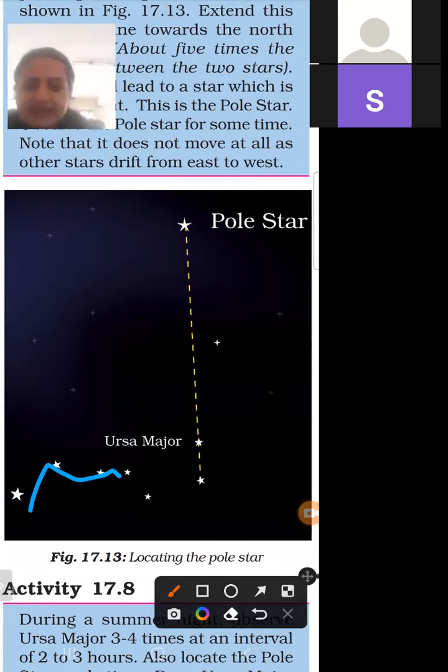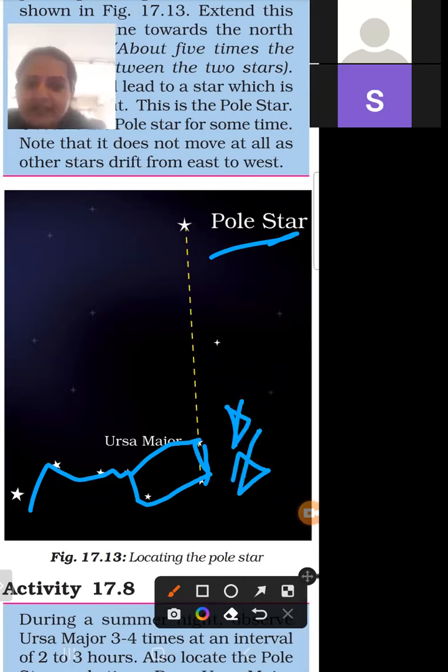We find that there are two stars at the end of Ursa Major. There is a line drawn vertically, and on this line we find the pole star.